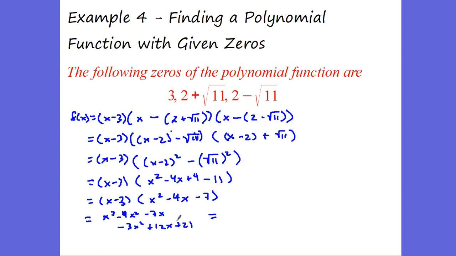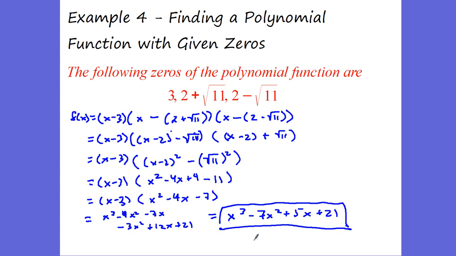You can see the reason I did this, it makes it a lot easier to add up. We have x to the third minus 7x squared plus 5x plus 21, and that is my function for this. Oops, my bad. This is my function for these zeros of the polynomial.